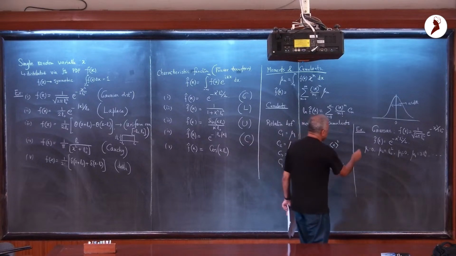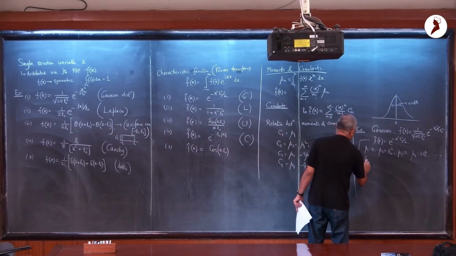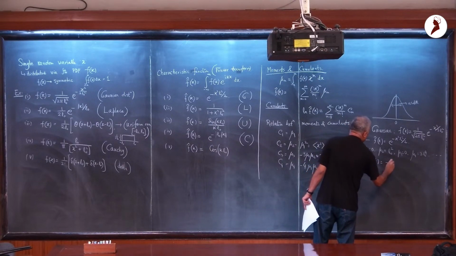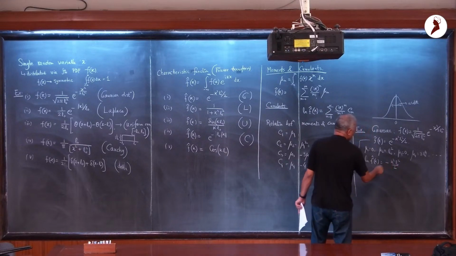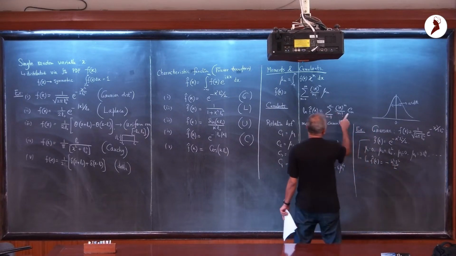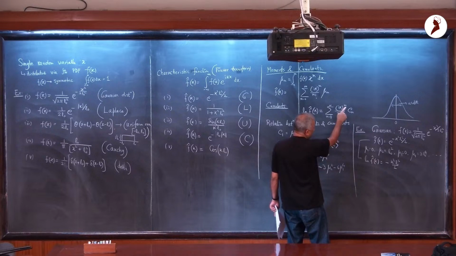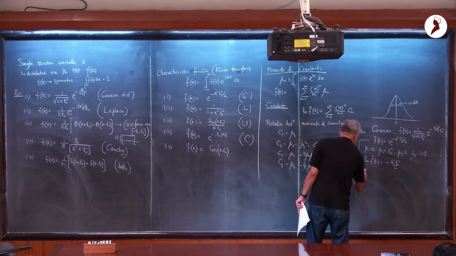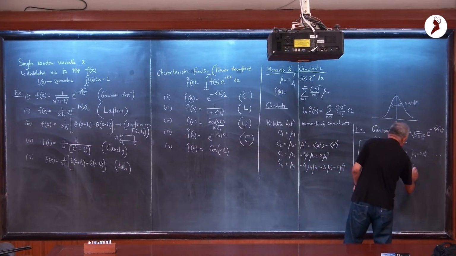And what you see is that if I now take the log of this guy, only the second cumulant survives. The only power of k that is non-zero is k squared. All the others are 0. So for a Gaussian distribution, C2 is just L naught square.